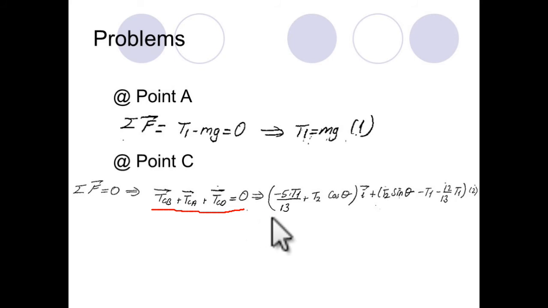This gives us this expression: minus 5 divided by 13 T1 plus T2 cosine theta, we don't know theta as well, plus T2 sine theta minus T1 minus 12 divided by 13 T1 has to be equal to 0. So this is 0 as well.